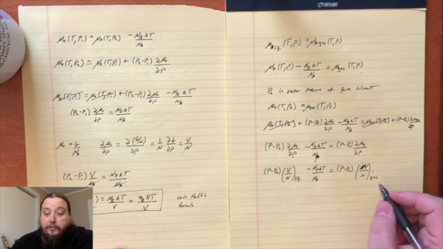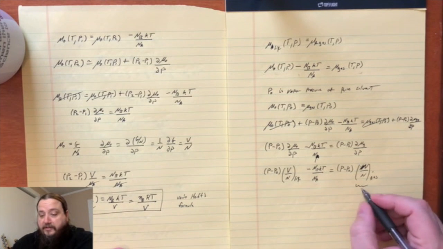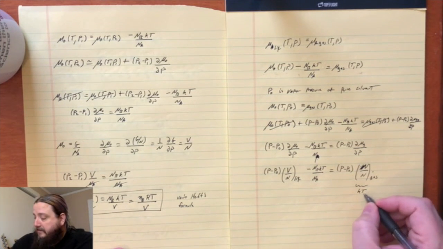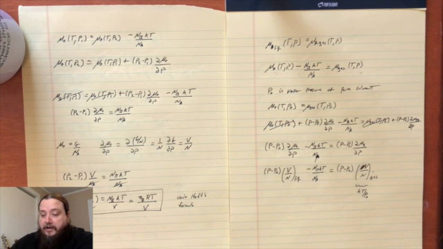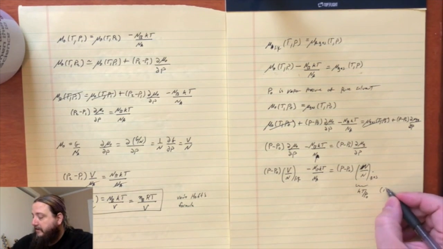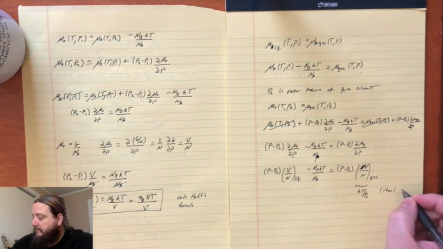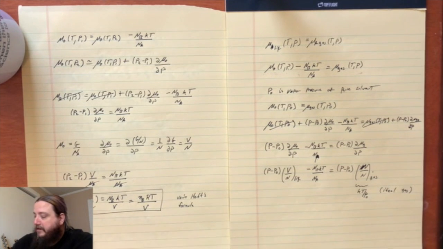If we just assume an ideal gas, then this gives us kT over P naught, from the ideal gas law.